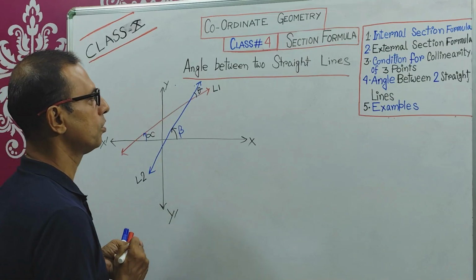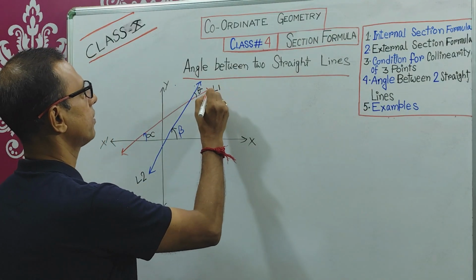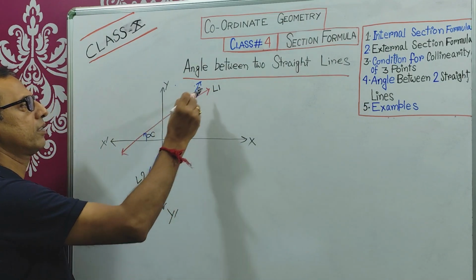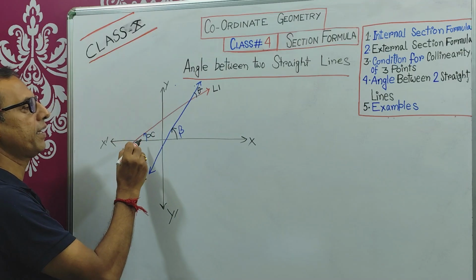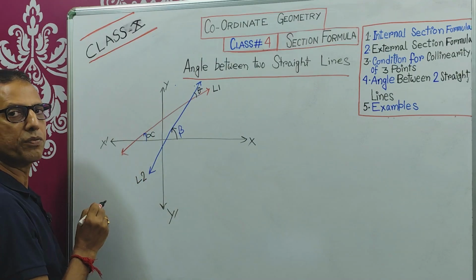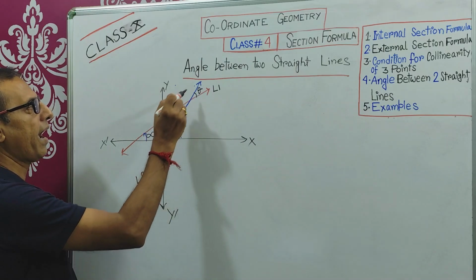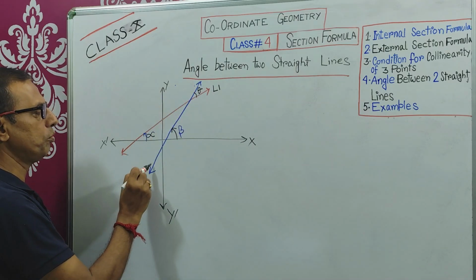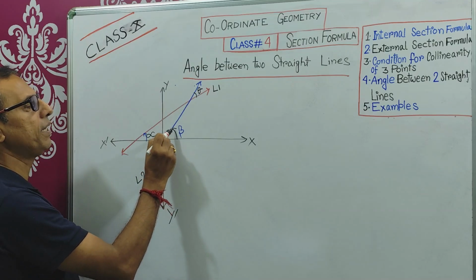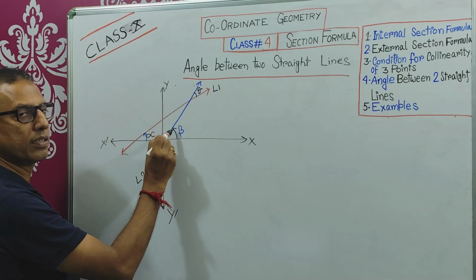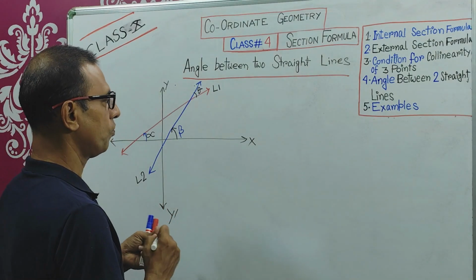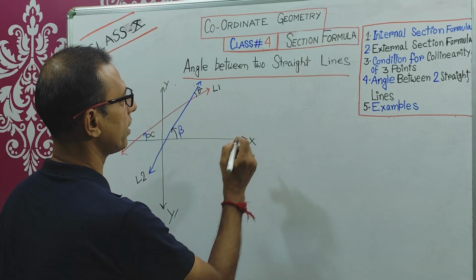If there is one line L1, the red one, it creates inclination alpha with the positive direction of x. Another line L2, marked in blue, creates inclination beta with the positive direction of the x-axis.